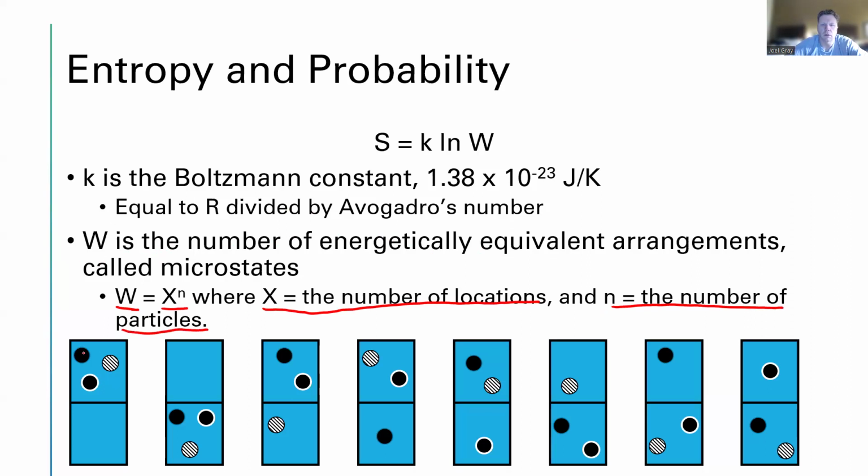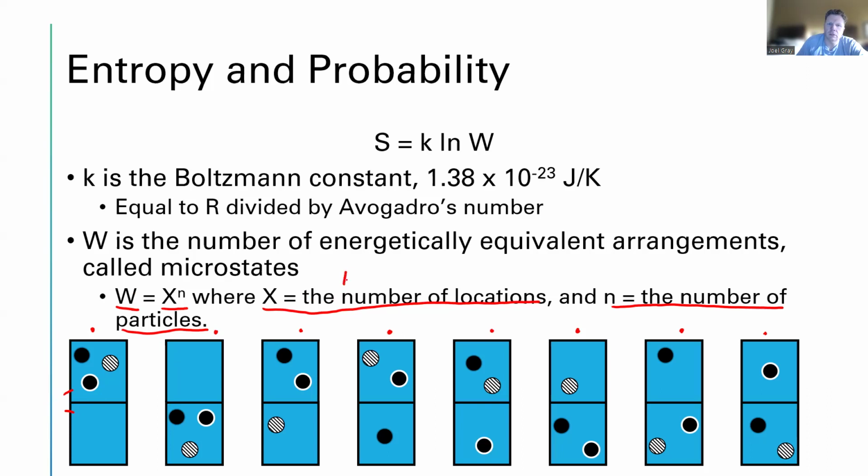So here what we've got is all of these different kind of dominoes: 1, 2, 3, 4, 5, 6, 7, 8. Okay, so there's our 8 different dominoes, which are divided up into 2 different spots, basically. We could argue that that would be 2 different locations for each one of those dominoes.